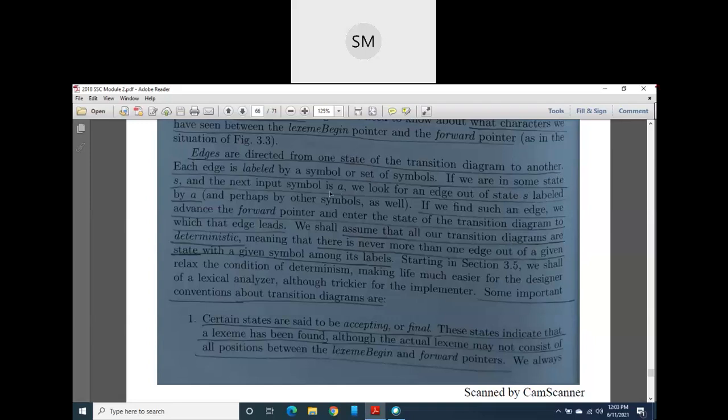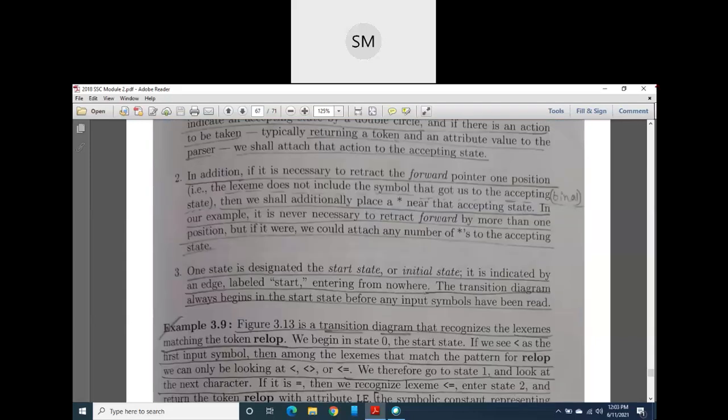If a occurs there, the state will transition from s to t, the next state. Then we advance the forward pointer to the next input character. Like this we again use the same two pointers, lexeme begin and forward, here. So let us see some transition diagrams.